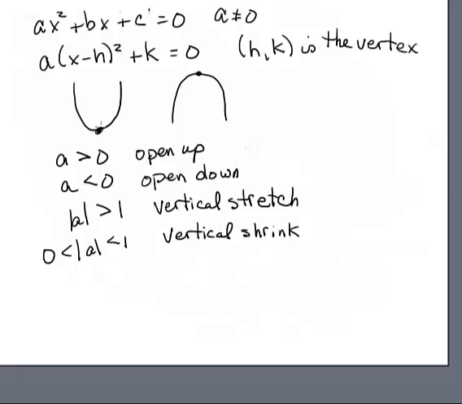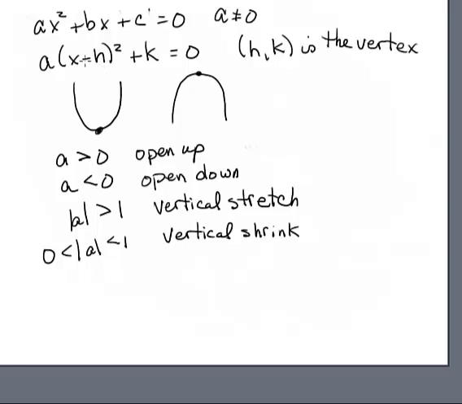Okay, so we also can tell something else. This is an HK, and we said this is our vertex. But another thing we know about it is, if it says minus h here, and it's within this being squared, then we know the graph is moving to the right.